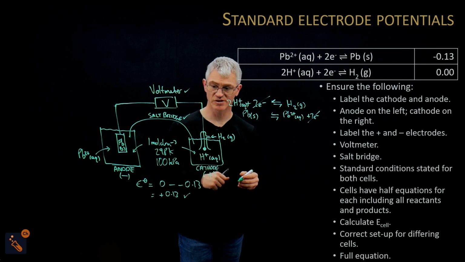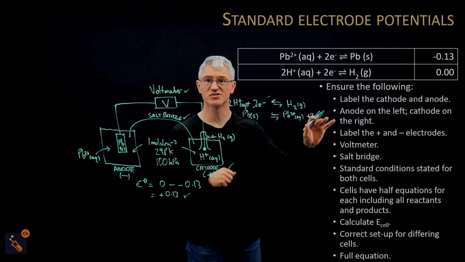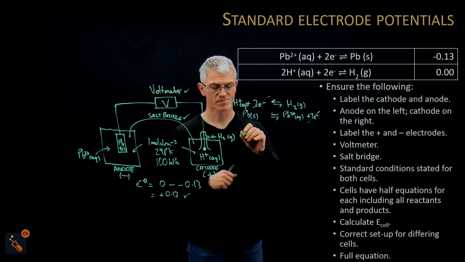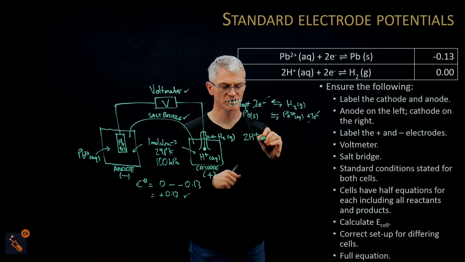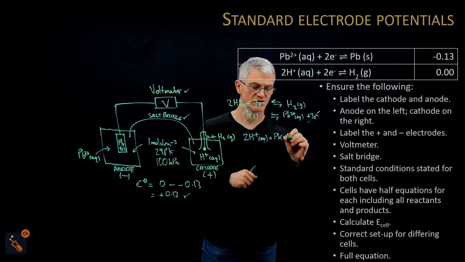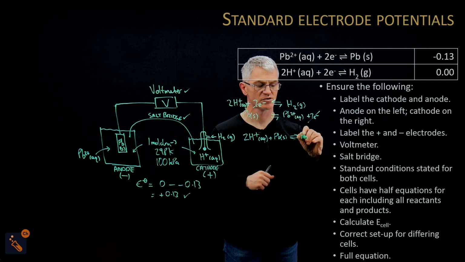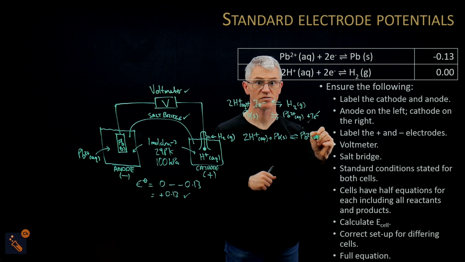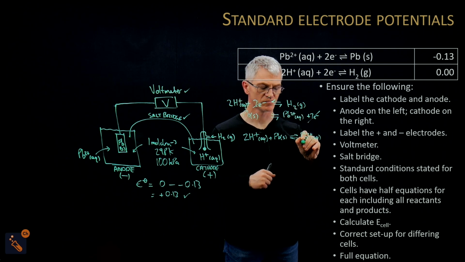Which means basically all I have to do now is write the whole thing out together. I've cancelled those 2, and that's it. So that is 2H+ aqueous plus Pb solid. Always do it as reversible, okay? And then Pb2+ aqueous, I've done that, plus the H2 gas.